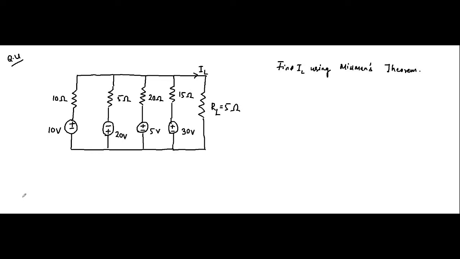So this is the fourth question on Millman's theorem, which we will discuss. Here again we have this circuit, and we have to find the current flowing through the load resistance equal to 5 ohm. The usual approach: excluding this 5 ohm load resistance, we have to find the Thevenin equivalent for this part, the parallel voltage sources connected with resistances in series.